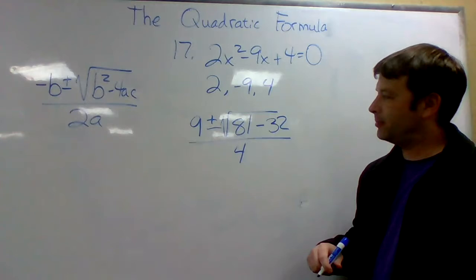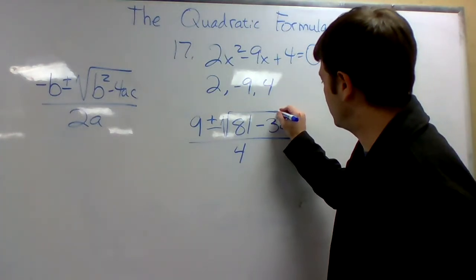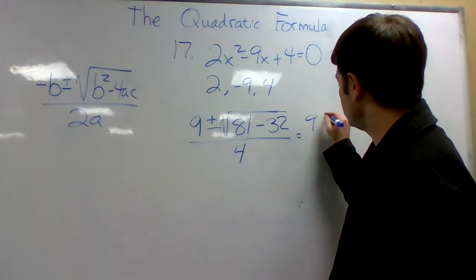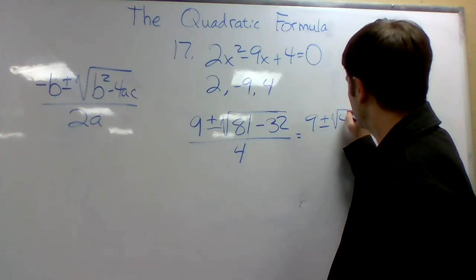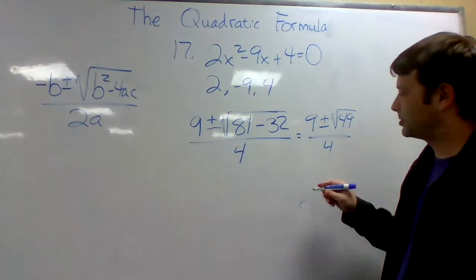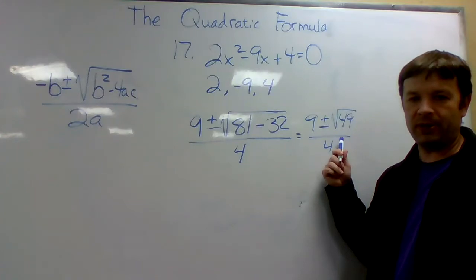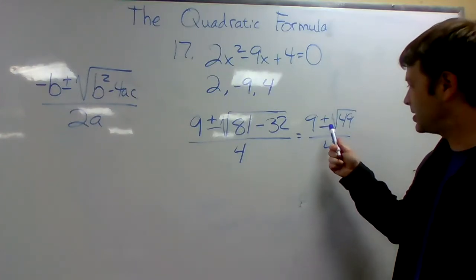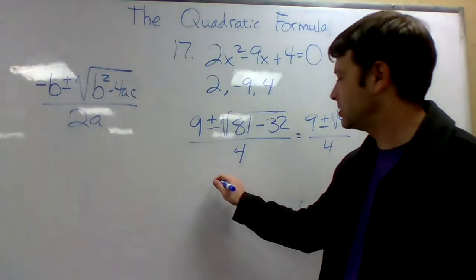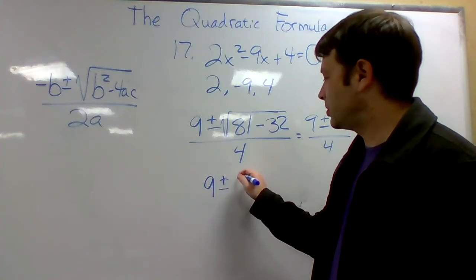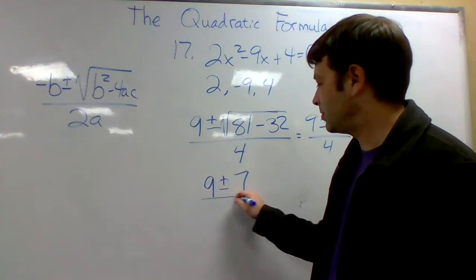What is 81 minus 32? I believe that is 49. That will be under our square root. Does 49 have a square root? Yeah, so this is not a weird one. So it's 9 plus or minus square root of 49 is 7 over 4.